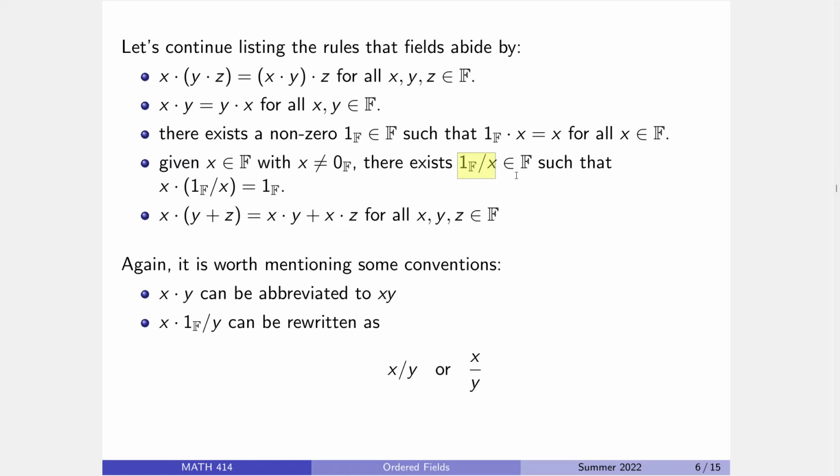Some sources will write this as x to the negative 1, but I've gotten more into the habit of always writing it like a fraction, because when I multiply, I want to be able to cancel it. And as is tradition, the fraction x over y is really x times the multiplicative inverse of y. So again, division's not a real thing, it's just multiplying by the multiplicative inverse.